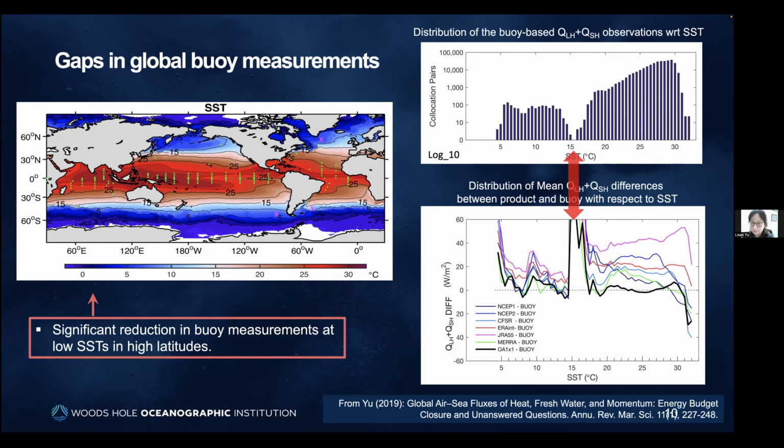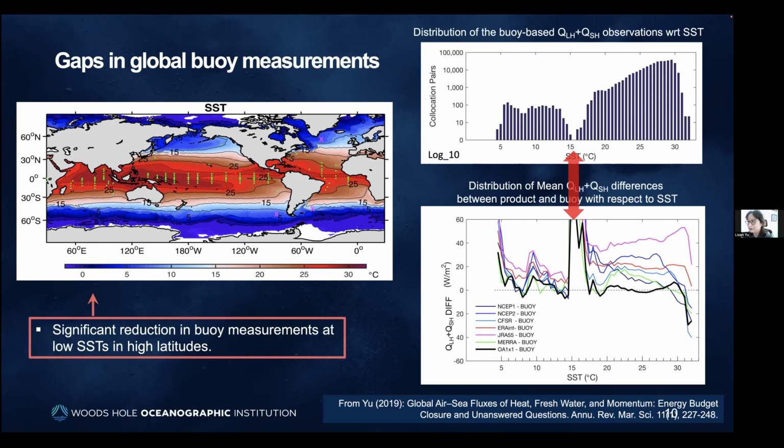So outside the tropics, there are a few ocean-site buoys, but there's not too many. And there's a gap around SST of 15, 16 isotherms, where there's none, and there are very limited observations.